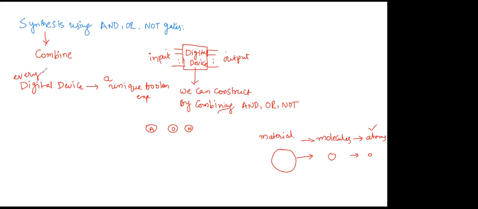So if we draw the diagram for the Boolean expression, we are constructing the digital device.